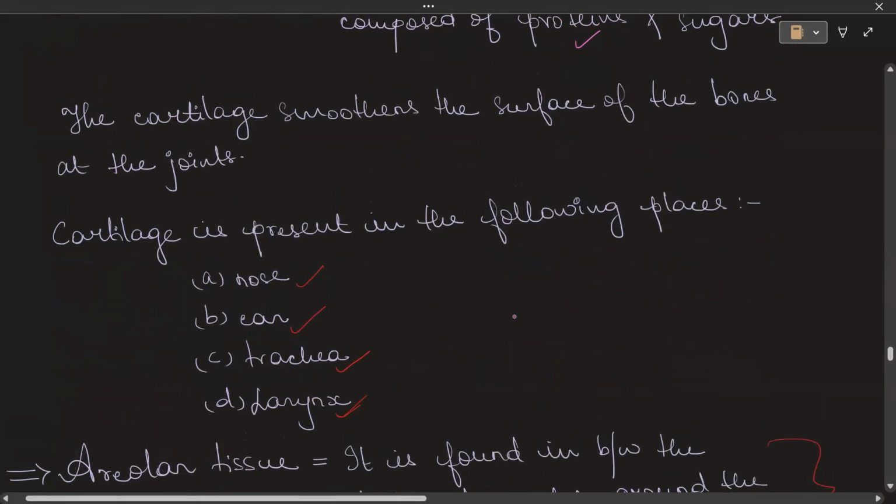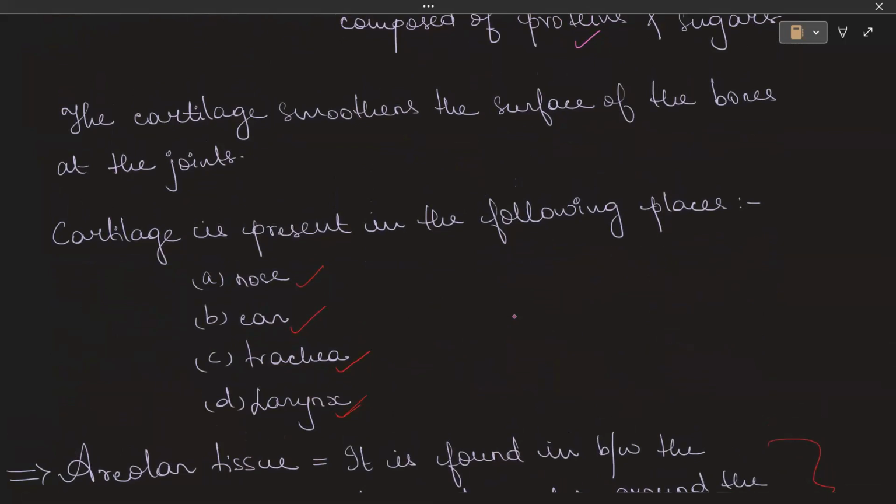You might have seen that cartilage is actually very flexible. It is present in the ear. Can you fold your ear with the help of your hand? Yes, everyone can do that. Now, can you fold your forearm in the middle?